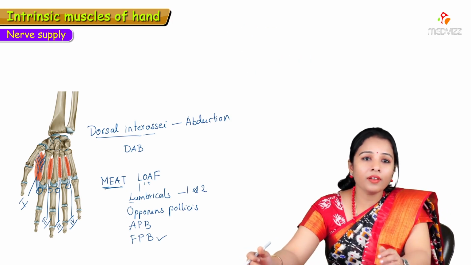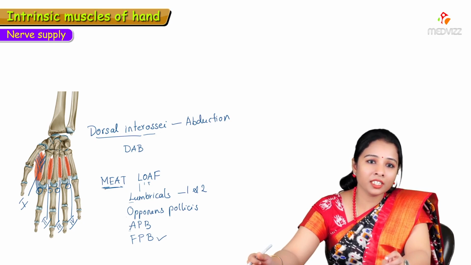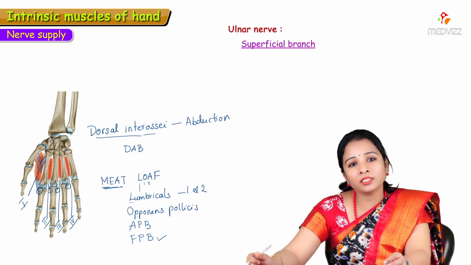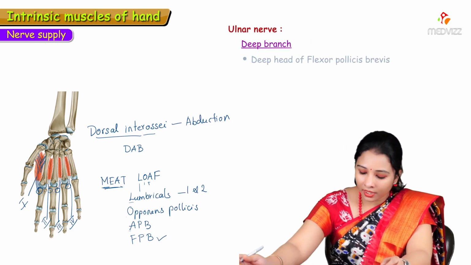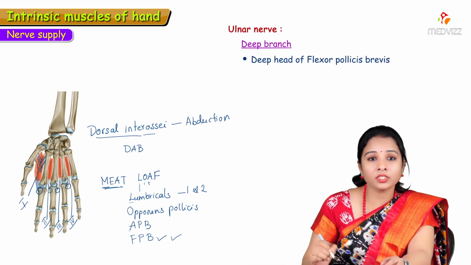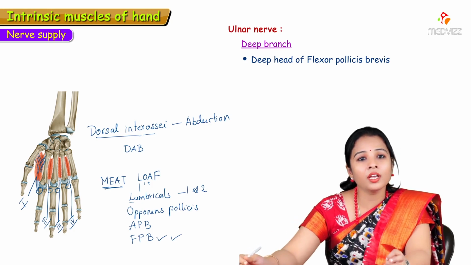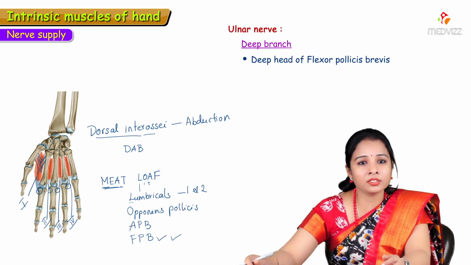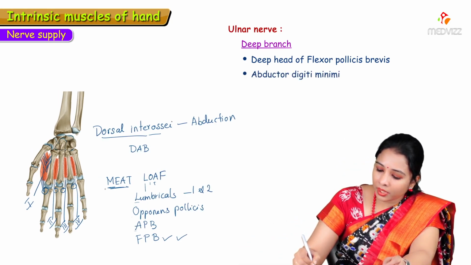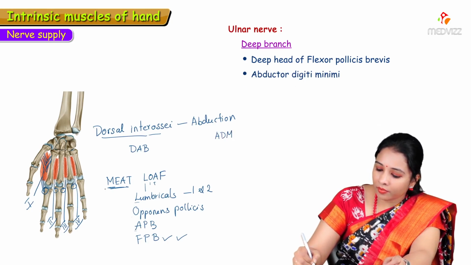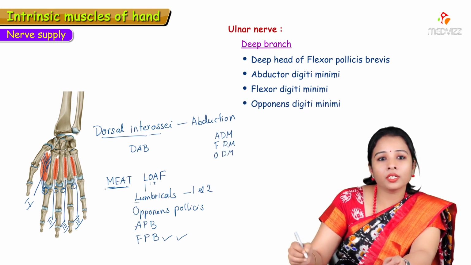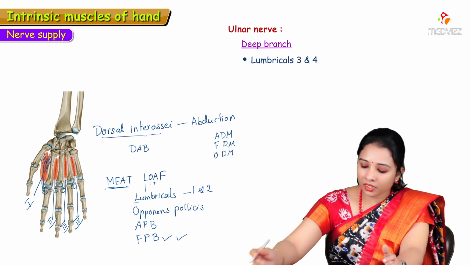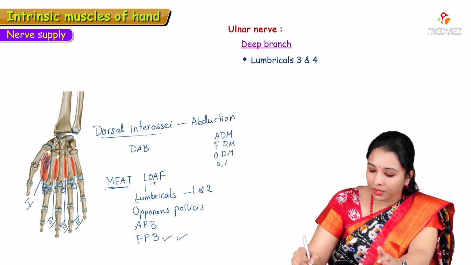So ulnar nerve has a superficial branch and deep branch. Superficial branch supplies palmaris brevis, whereas the deep branch supplies the deep head of flexor pollicis brevis, that is to the thumb, and also all hypothenar muscles, that is abductor digiti minimi, flexor digiti minimi and opponens digiti minimi, and lumbricals, that is the third and fourth lumbricals.